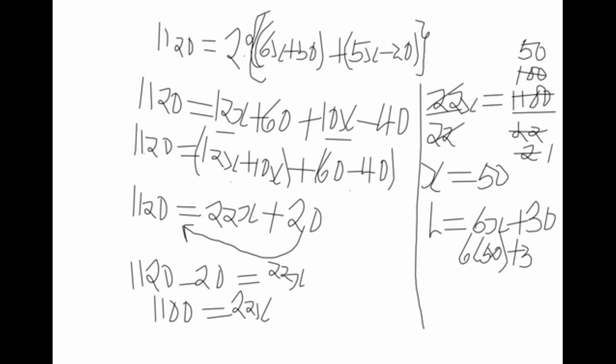6 times 50 is 300, plus 30, giving us 330.